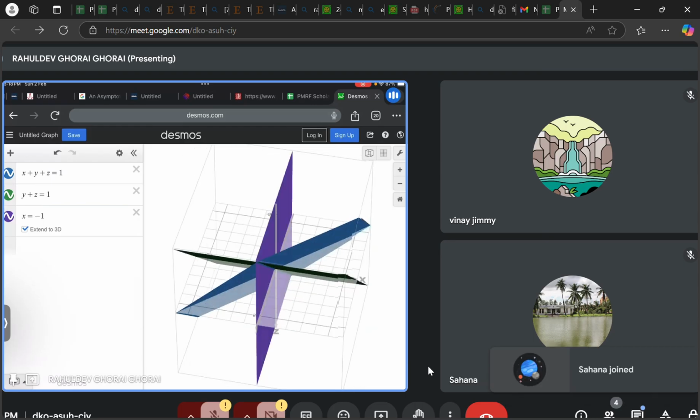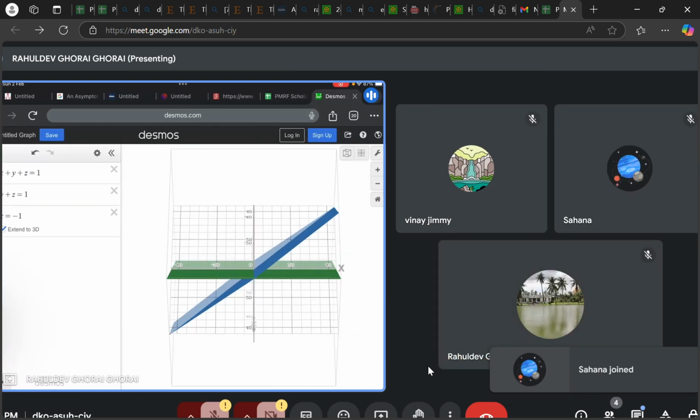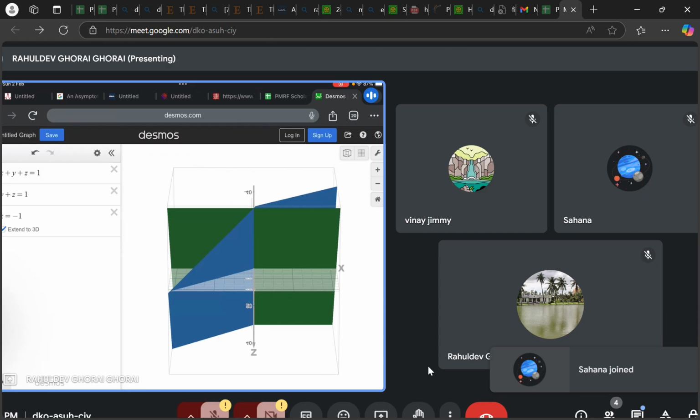Yes. So now if you see, these are the three planes, right? It's hanging.